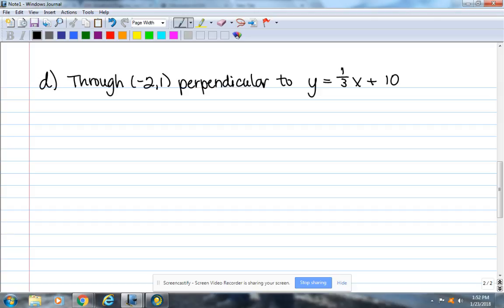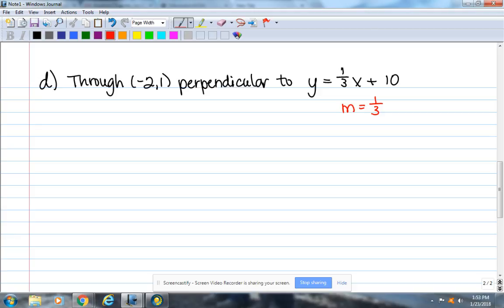All right. So what's their slope? 1/3. So their slope is 1/3. Do perpendicular lines have the same slope? No. What kind of slopes do perpendicular lines have? Opposite reciprocals, right?